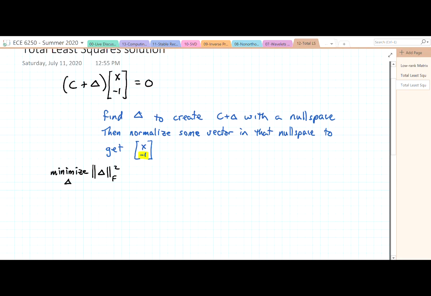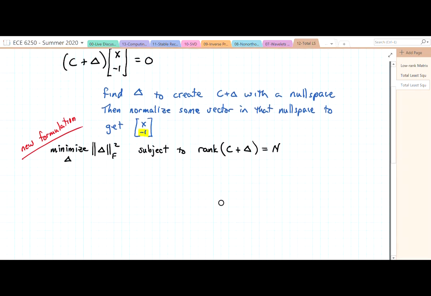So our original optimization problem now becomes: minimize the norm of delta, which is what it was before, subject to rank of C plus delta equal to n. So we'll do some tricks here to try to get that.